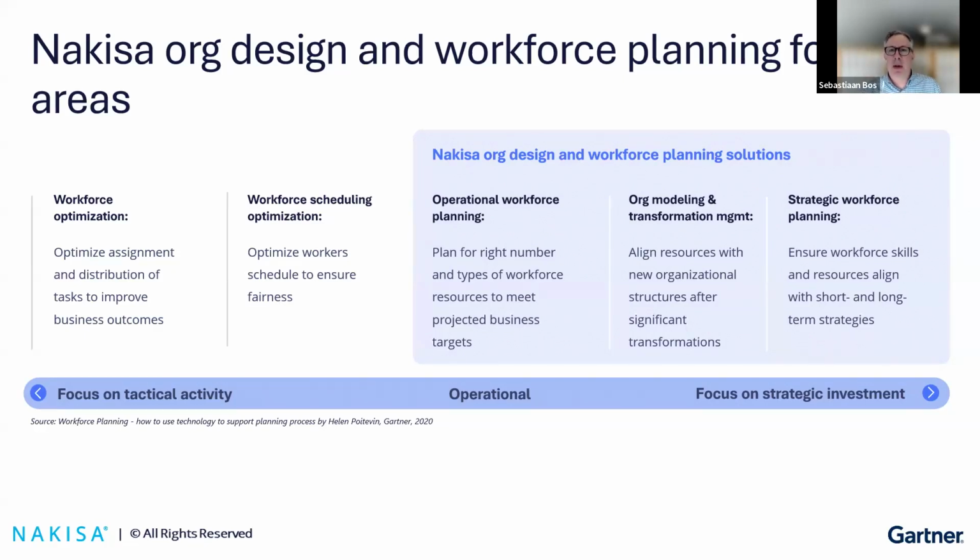And this is probably the focus of the audience members here today, making sure that you have aligned the resources to that new organizational structure for any significant transformation. And then, of course, the strategic side, which is ensuring that you've got the skills, either short-term or long-term, that align for that. So where Nakisa's sweet spot is really there, which is highlighted here on the right-hand side, and that's really our key focus.